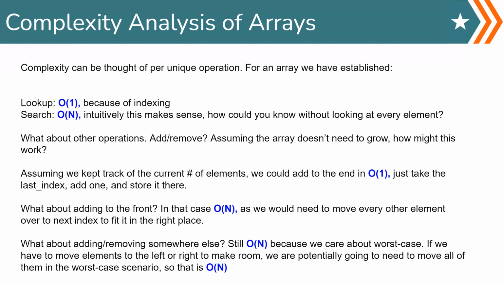The only way to find out for sure is to look at every single element, unless you have some special guarantee, like if something's sorted, which we'll get into tomorrow. Without any special guarantees, if you're searching for something, you have to look at every element.